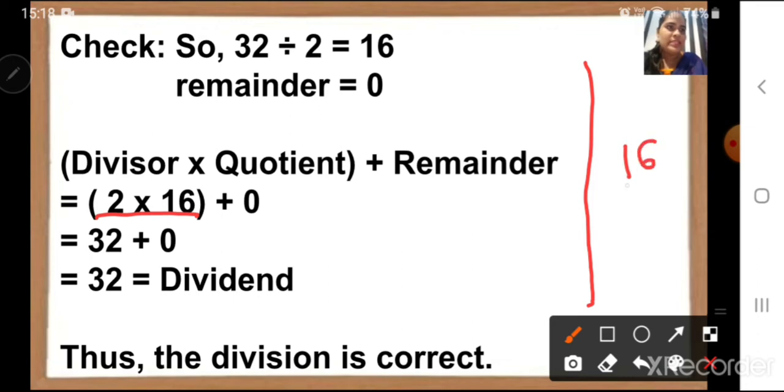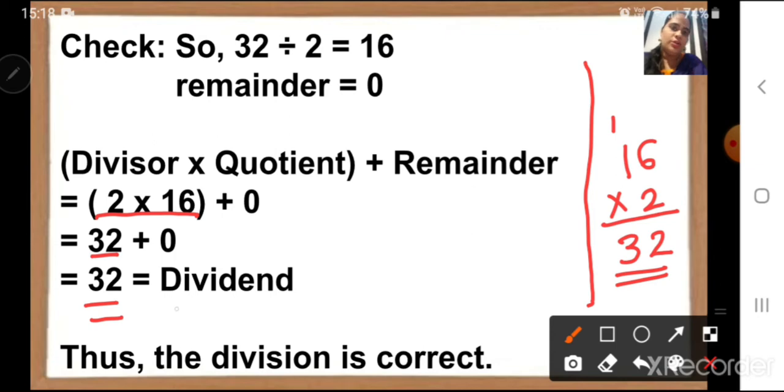Then 16 into 2. 2 sixes are 12. 2 ones are 2 plus 1 is 3. So it is 32. Right? 32 plus 0 is equal to 32, which is equal to dividend. Thus the division is correct because we have got 32 as our dividend. Right?